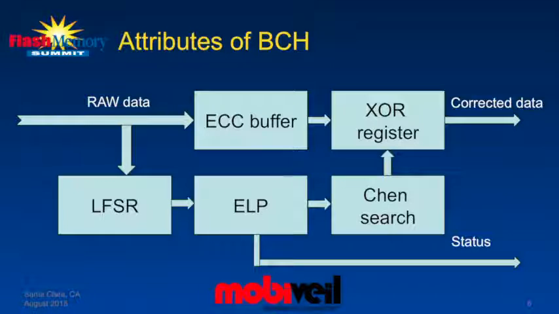As the number of bits to be error corrected grows, those 2 modules grow linearly. And the chain search especially grows more than linearly, because it becomes so big that its physical size alone has requirements for gathering the data so the XOR register, which corrects the data, can function. That's its biggest drawback. But other than that, it has a very consistent performance profile.